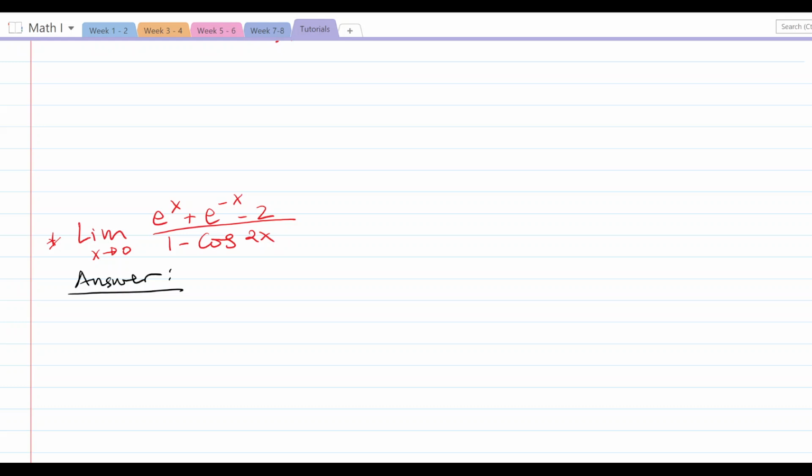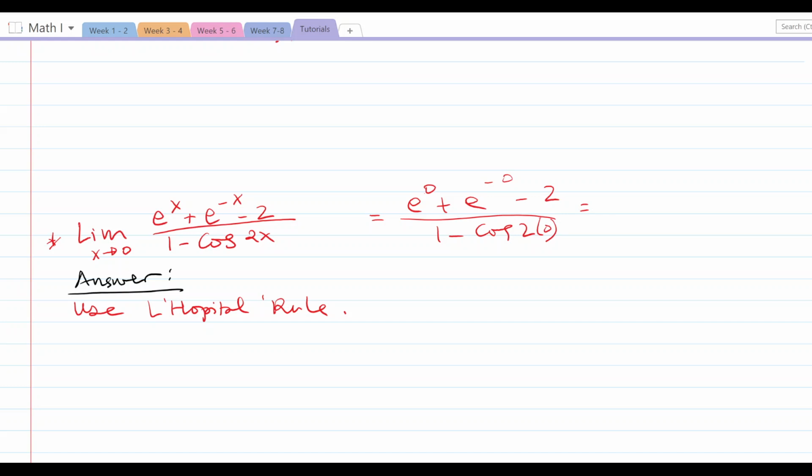In this case, if there is no restriction, we can use L'Hopital's rule, and the reason is because we have an indeterminate form. If we substitute x equals 0 into the function, we get e to the 0 plus e to the minus 0 minus 2 over 1 minus cos of 2 times 0, which is 0 over 0, an indeterminate form.